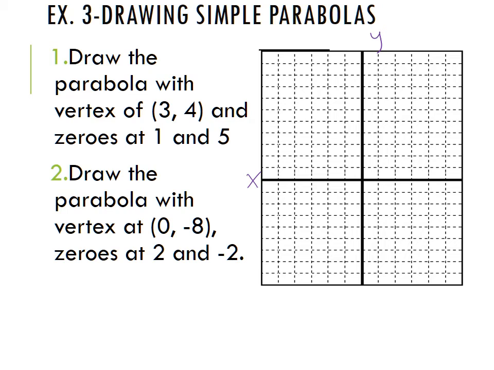I'm going to go up by ones. 1, 2, 3, 4, 5. Negative this way. 1, 2, 3, 4, 5, 6, 7, 8. And negative going down. -1, -2.